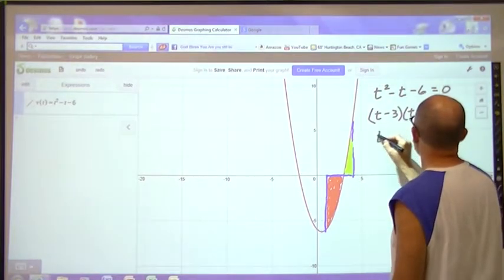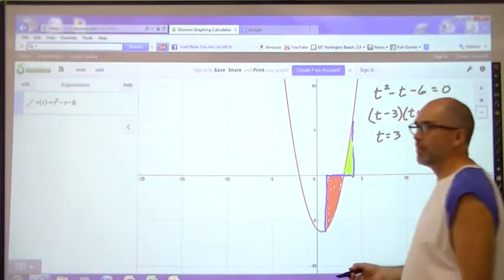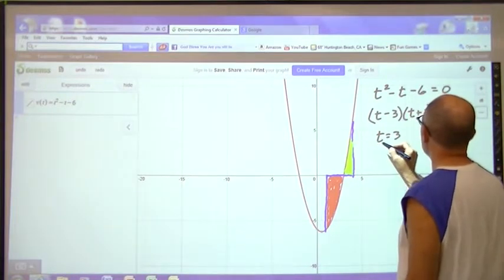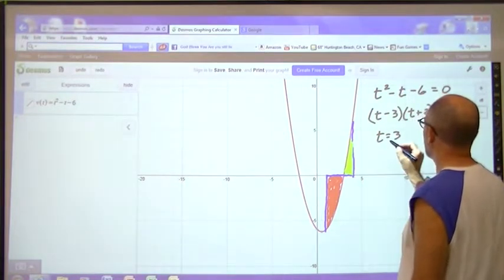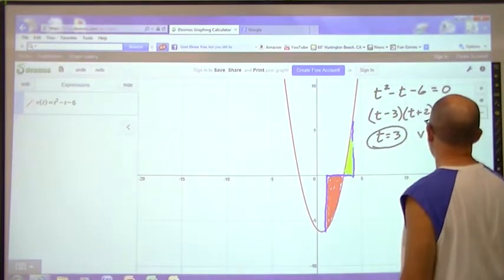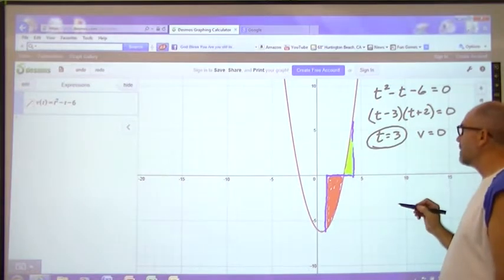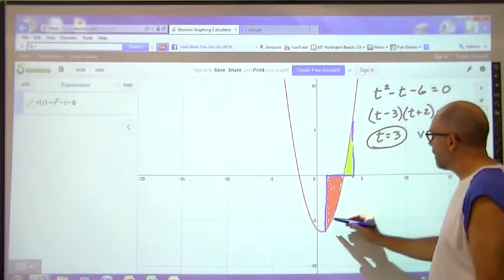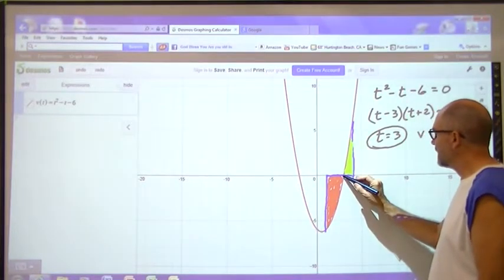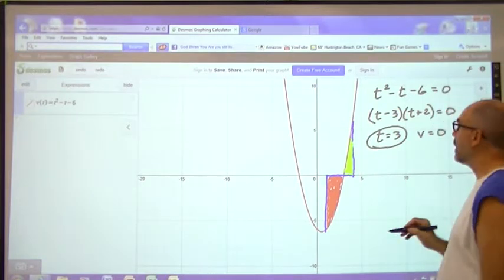So that means t equals 3, or t equals negative 2, which we don't care about. So at t equals 3, that means the velocity equals 0 at this point. So now, what does that mean? That means from t equals 1 to t equals 3, it's negative. Then t equals 3 to t equals 4, it's positive.